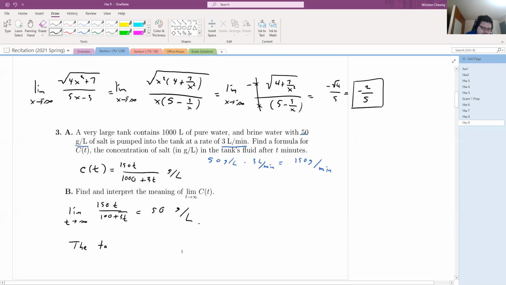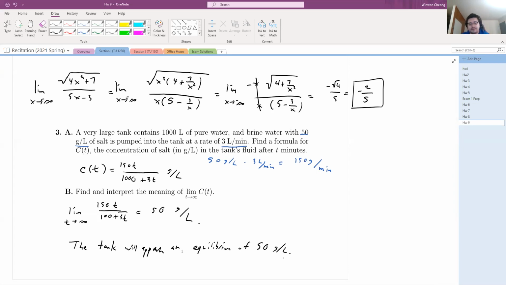So what I wrote down here is the tank will approach an equilibrium of 50 grams per liter. I don't know if it's technically an equilibrium, but it's going to tend towards that value. Just let the process go on long enough and it'll be indistinguishable at some point. So hopefully that makes sense.